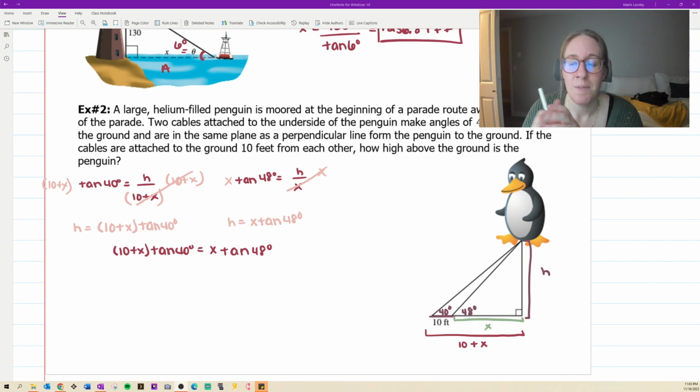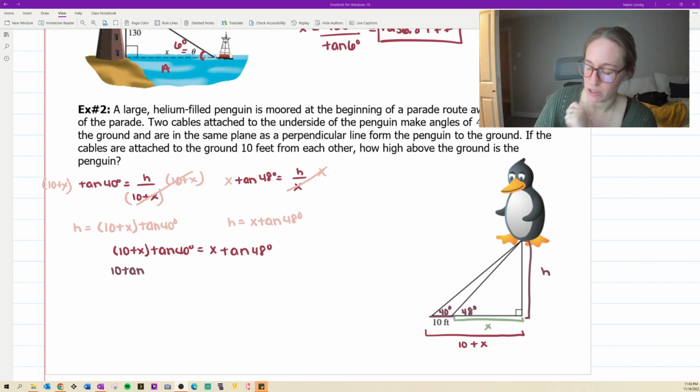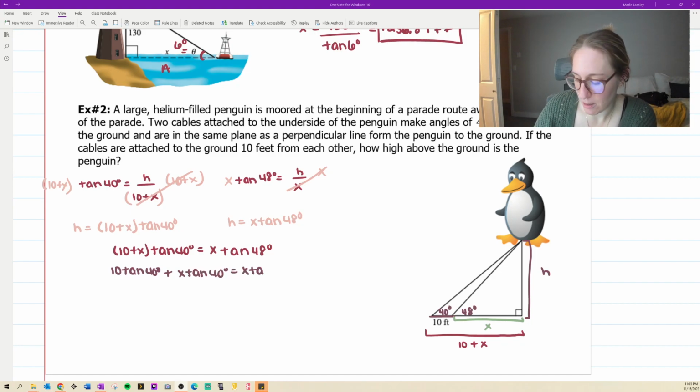So step one here is actually going to be to distribute the tangent of 40 into the 10 plus x. So I have 10 times the tangent of 40 degrees plus x times tangent of 40 degrees equals x tangent of 48.